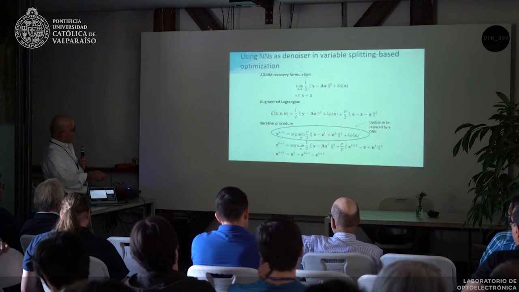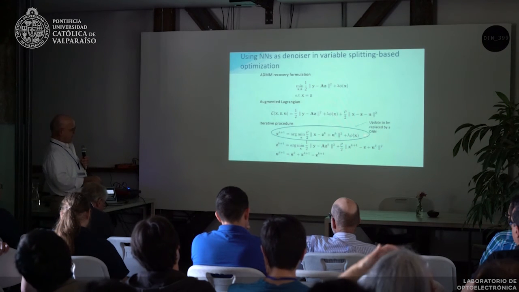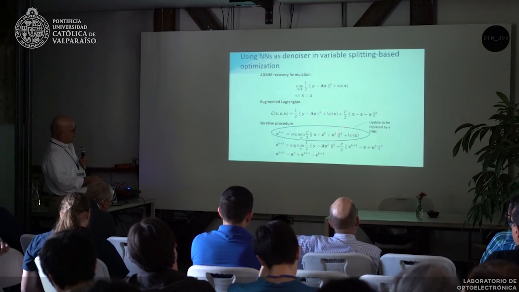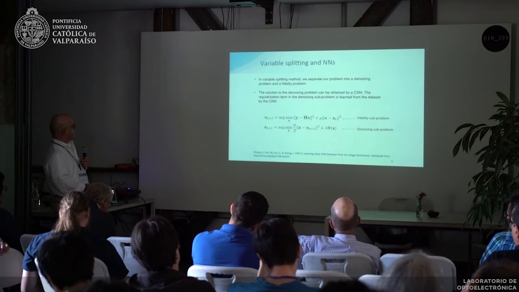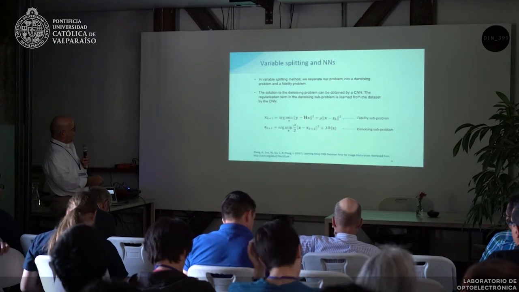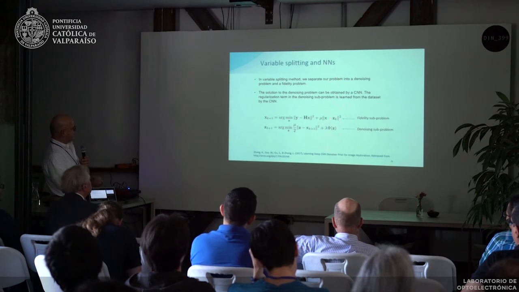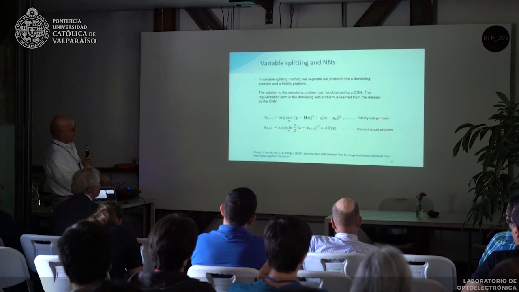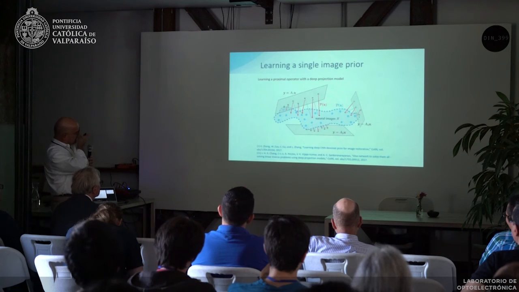So this is another example where you do benefit, for those of us that tried it, quite a few people tried this, you have an easier problem to solve through learning and a piece of cake problem to solve through inversion. And variable splitting is doing exactly the same thing. You solve y equals Hx plus noise, and you introduce another variable. So you have a denoising problem and a data fidelity problem, just having the same problem.